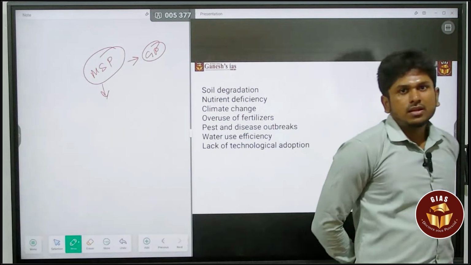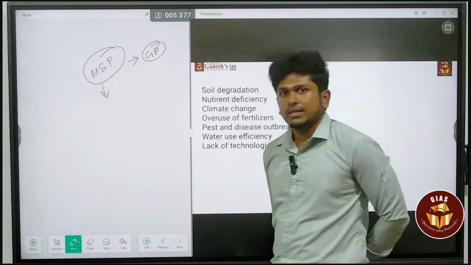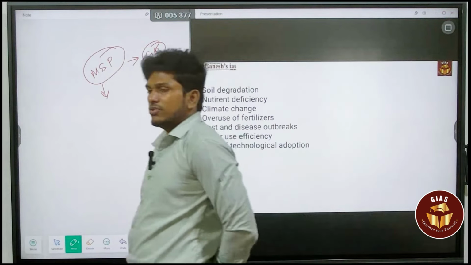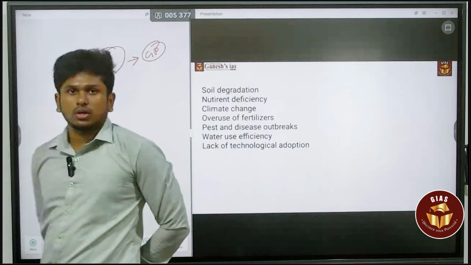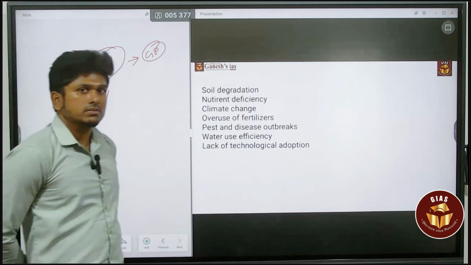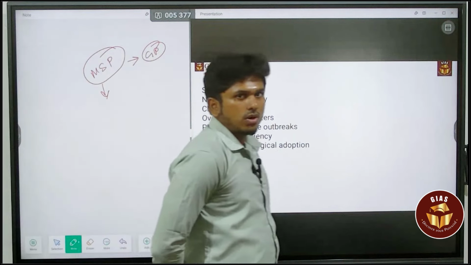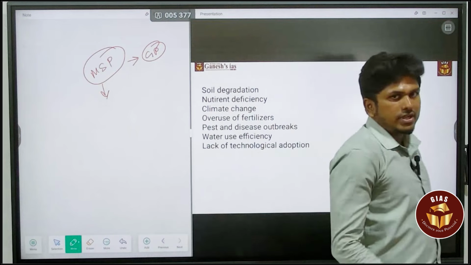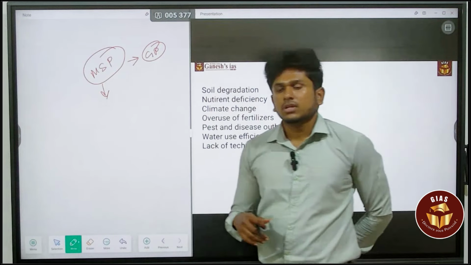In that sense, they are using more fertilizers and pesticides and using the land and the groundwater to cultivate rice and wheat. So it is affecting the groundwater and also the soil nutrients.